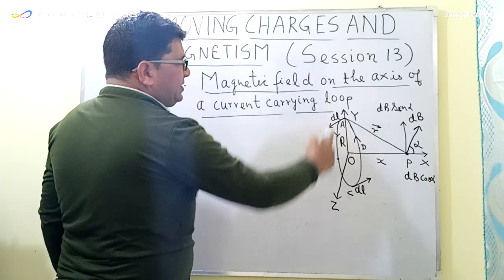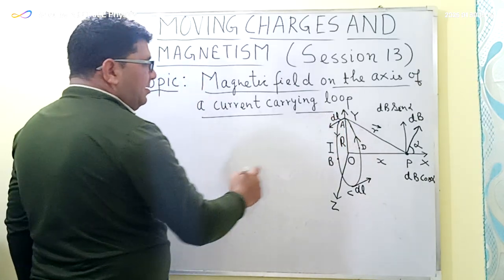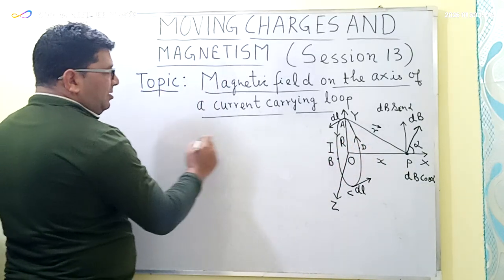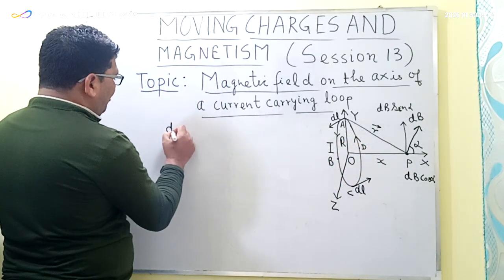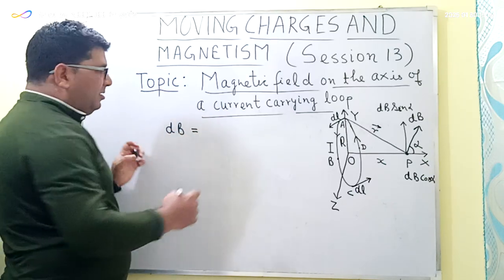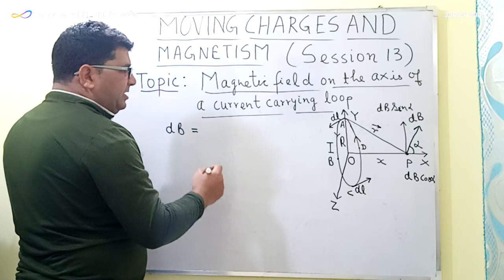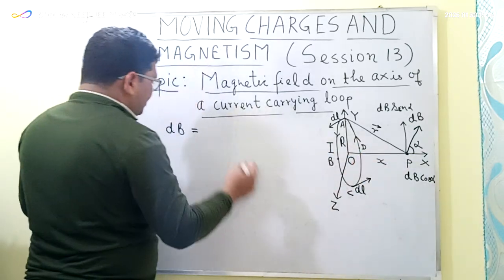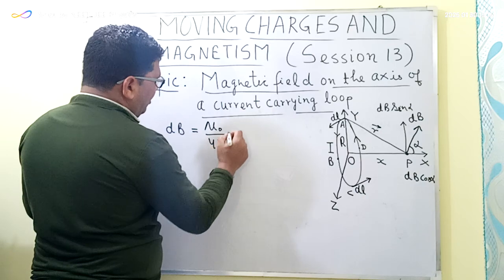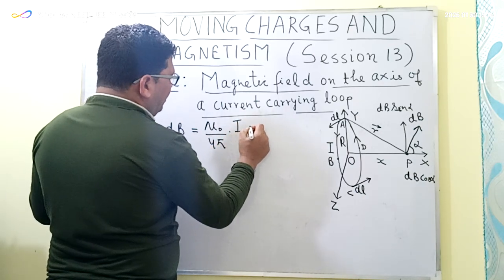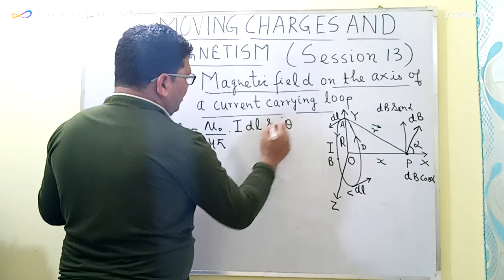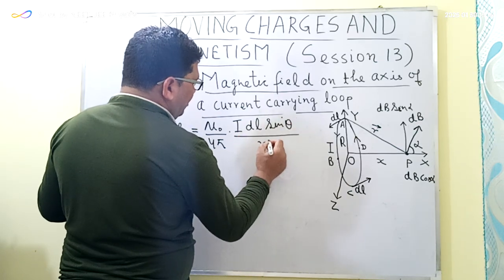Now here the magnetic field due to this conducting element dl at this point P will be given by the Biot-Savart law, and let us say the magnitude of the magnetic field is dB because of this conducting element dl at this point P. So this will be equal to mu naught upon 4 pi into I dl sin theta divided by r square.